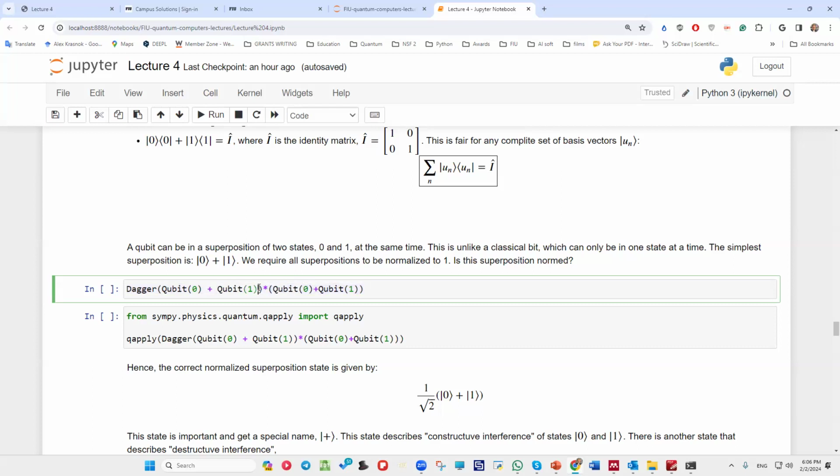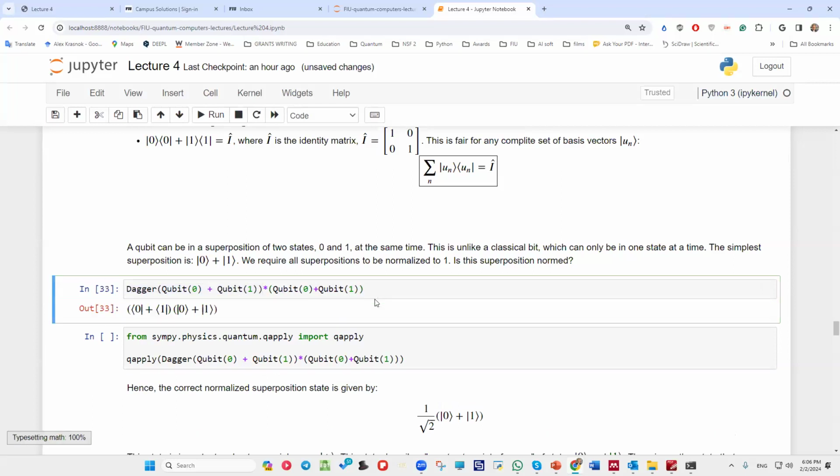This is the ket that corresponds to the superposition of two vectors, and this is the bra that corresponds again to the superposition of these two vectors. And here is the result. Python SymPy didn't compute the result of this.